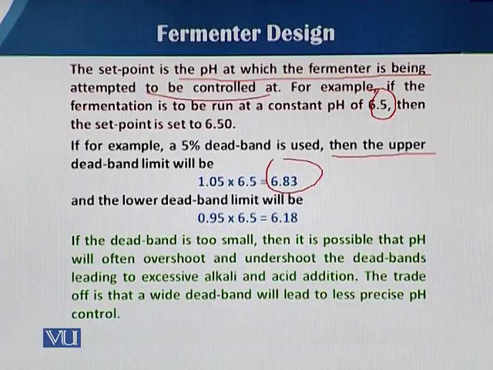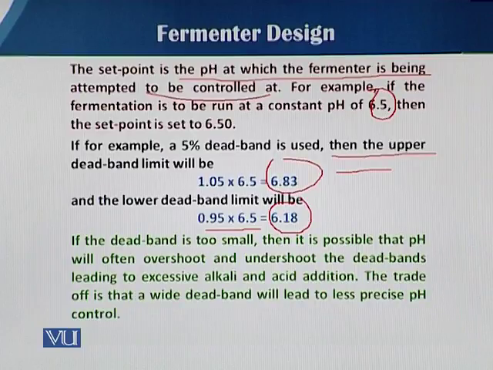In the same way, for 5% minus, it is 95 over 100, meaning 0.95. When you multiply this 0.95 with 6.5, the answer is 6.18. So 6.83 pH will be the upper band and 6.18 will be the lower band. If there is a set point of 6.5 and the pH goes to 6.7, then there will be no pump on or off. In the same case, if the pH goes to 6.09, then there will be no pump on.